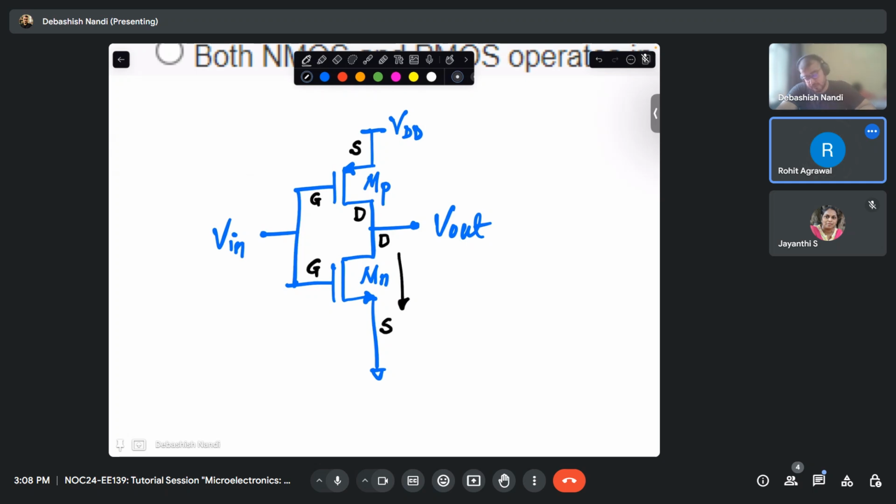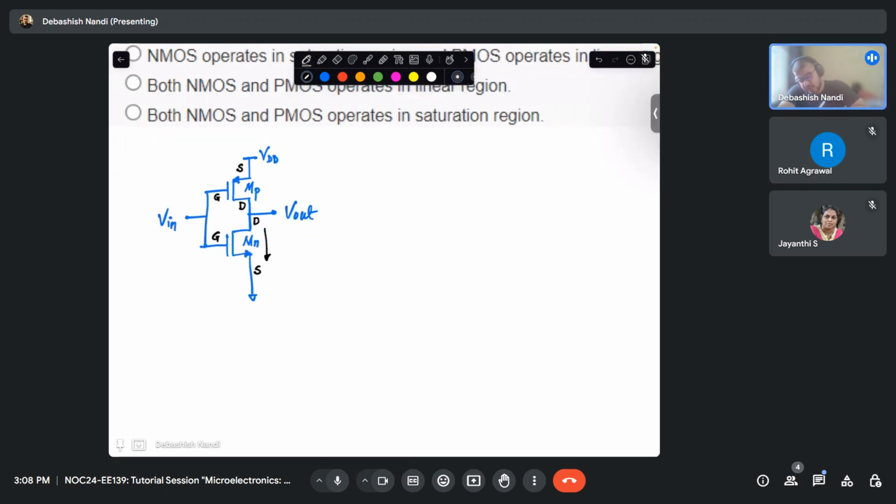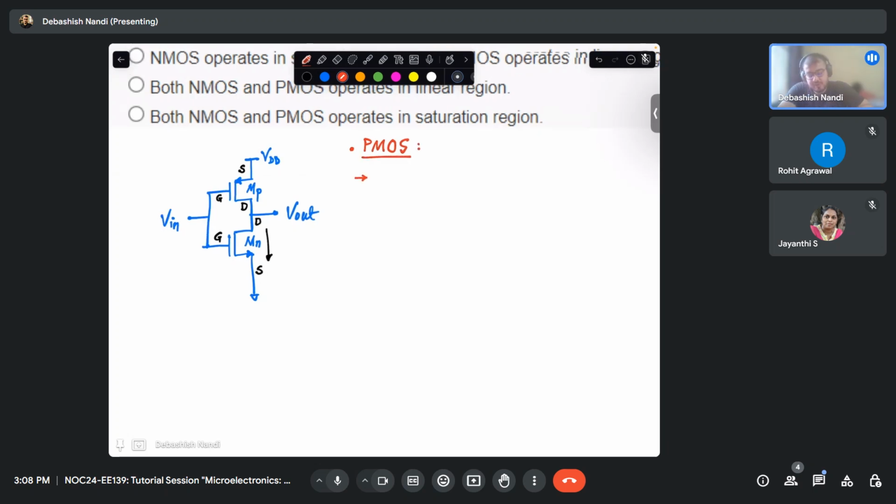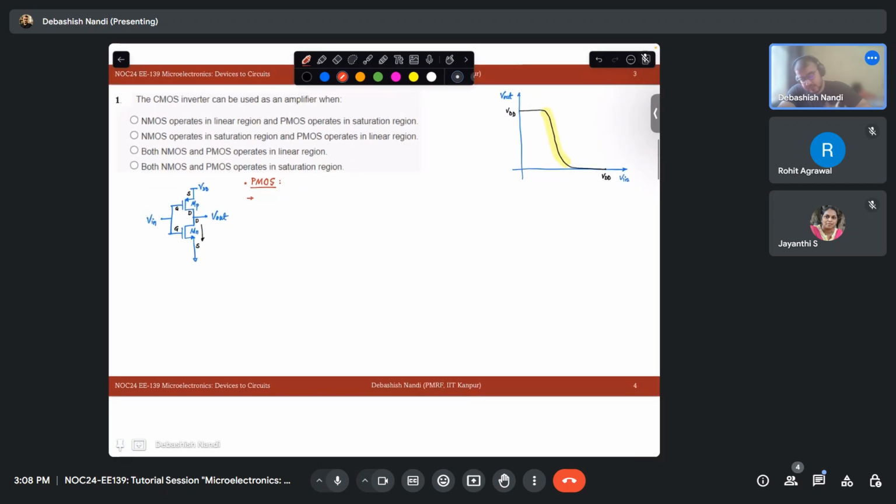Okay. Now we mark two things. Let's say we discuss PMOS. When will my PMOS be on, how do we check that? Let's check our source to gate voltage. What is the source to gate voltage in this case? VSGP, the source to gate voltage of the PMOS from this diagram.